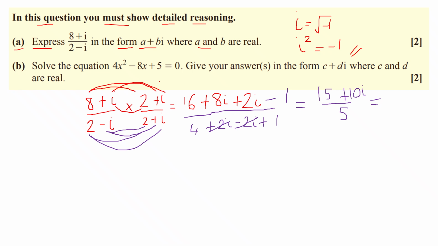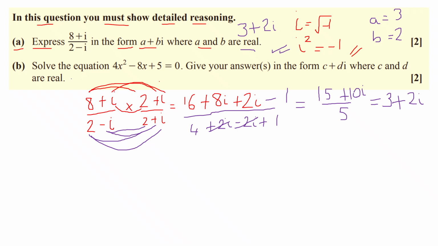Hence the process of rationalizing the denominator. Then dividing through by 5, we get 3 + 2i, where a is equal to 3 and b, the coefficient of i, is equal to 2. That's part A done, for 2 marks.